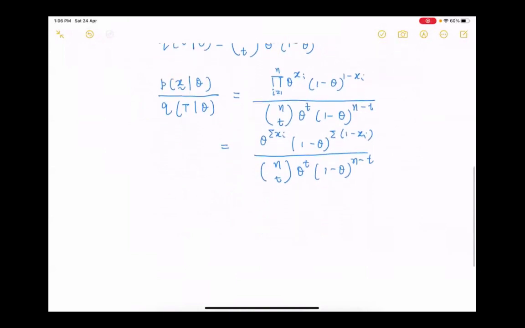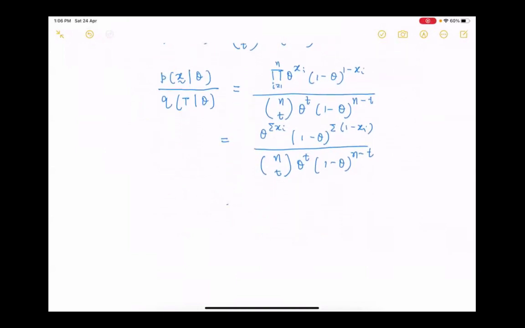That means I can write it as theta to the power t and 1 minus theta to the power n minus t, divided by n choose t, theta to the power t, 1 minus theta to the power n minus t. So clearly these things cancel. So I am left with 1 over n choose t.